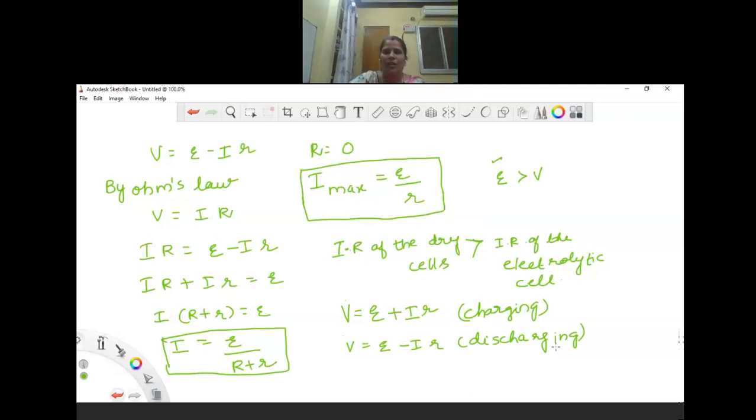Now let us recall once again what is EMF and what is the potential difference, the difference between EMF and potential difference, and the factors on which internal resistance depends. So I'm going to do the recap once again.